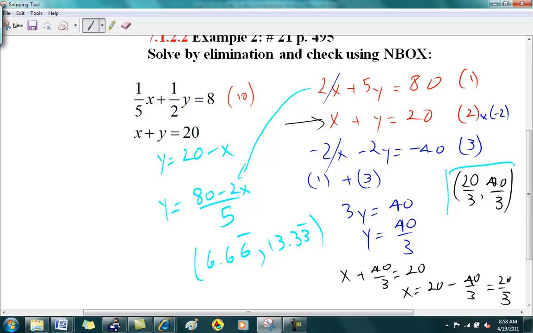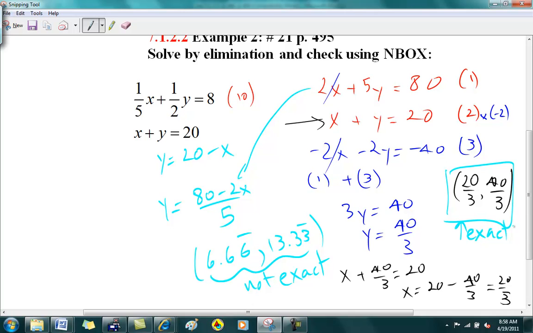Except I want to reiterate the word exact. I've been using that since September, and people still don't understand what is exact and what is not exact. These are not exact because they are decimal answers. These are exact.